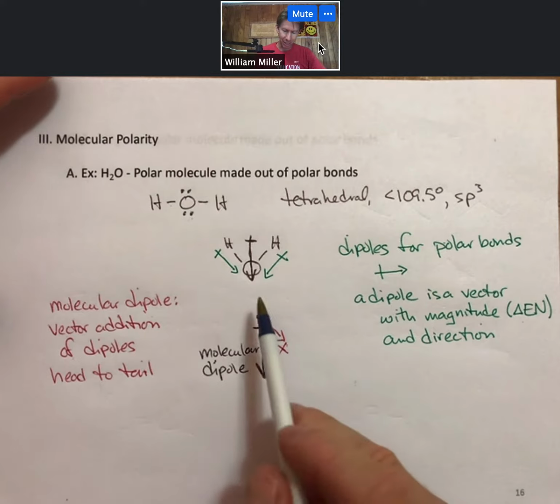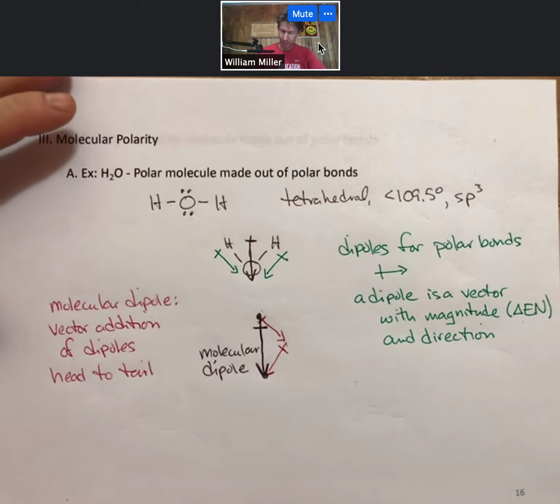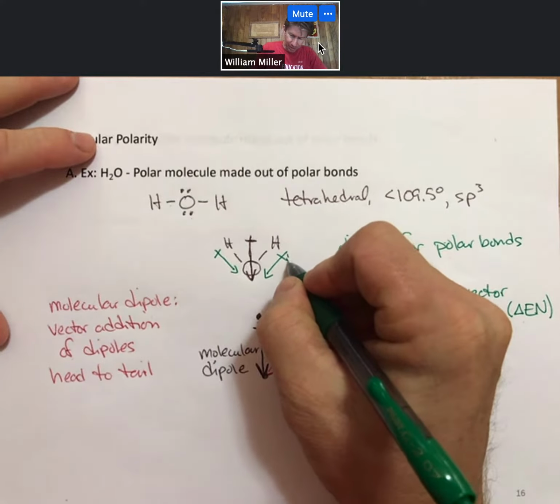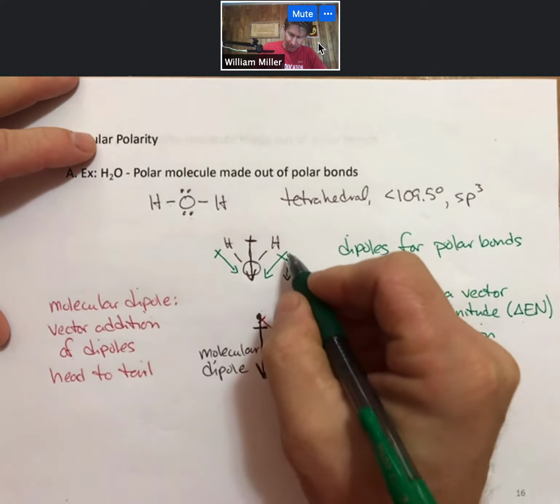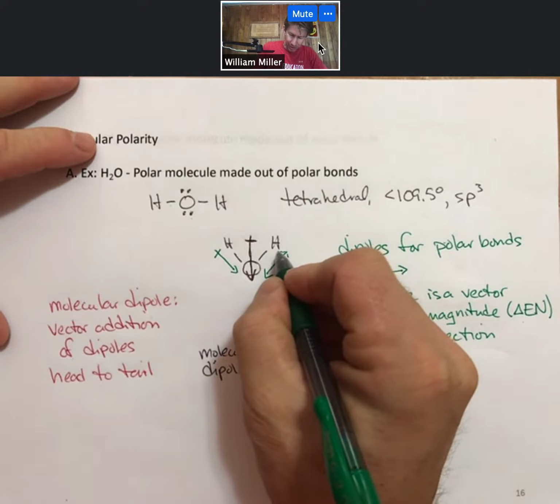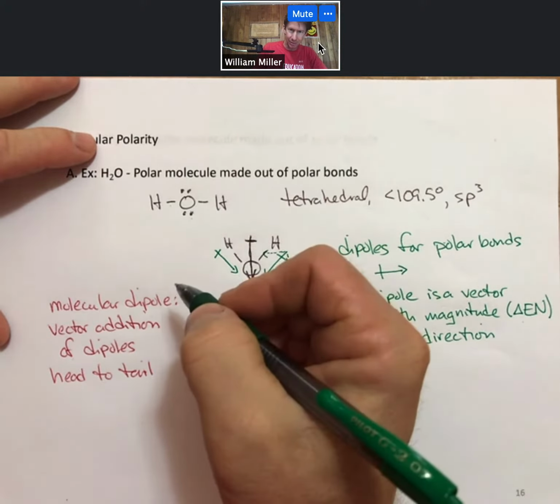Now, what else can we learn from this without doing vector addition? Well, if I were just looking at this and thinking of the dipoles as being broken into parts that go up and down, this part goes down, and this part also goes to the left.